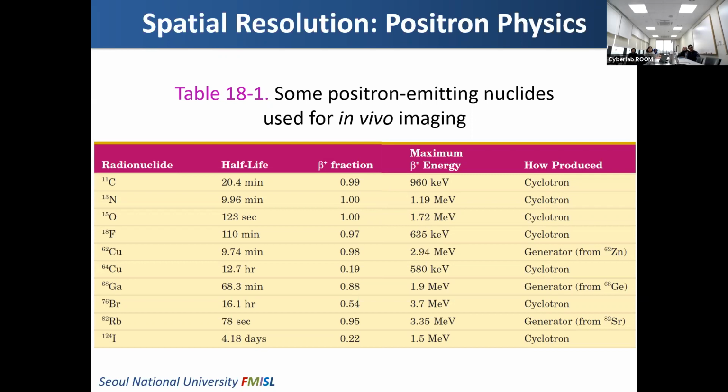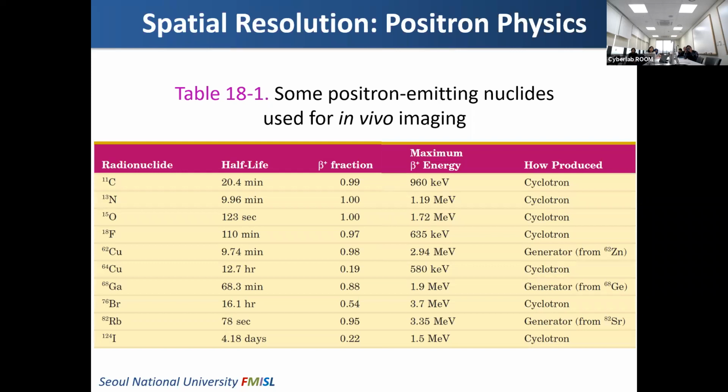So, for example, the positron emitted from the F-18 that we usually use has about 600 kilo electron volt initial kinetic energy. Okay, I mean that its initial velocity is low. But the positron emitted from the rubidium has about 5 or 6 times higher kinetic energy.